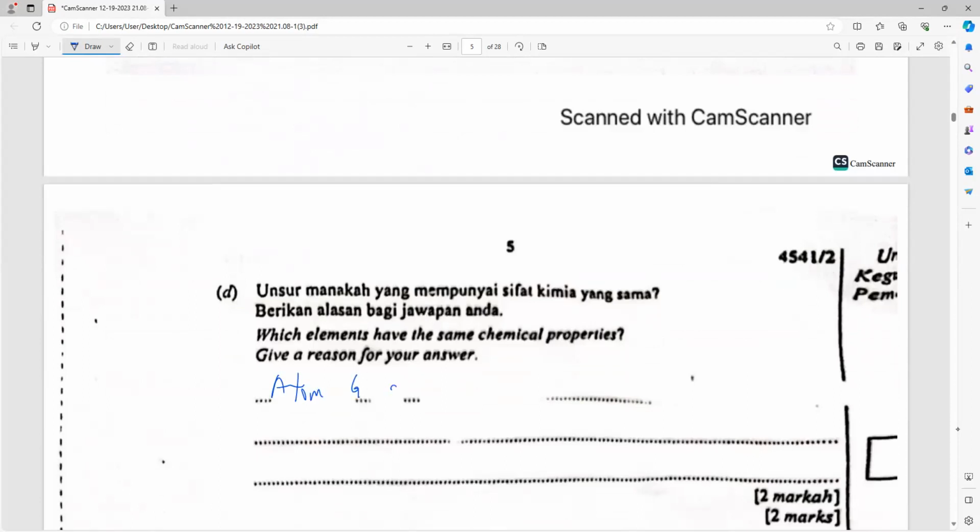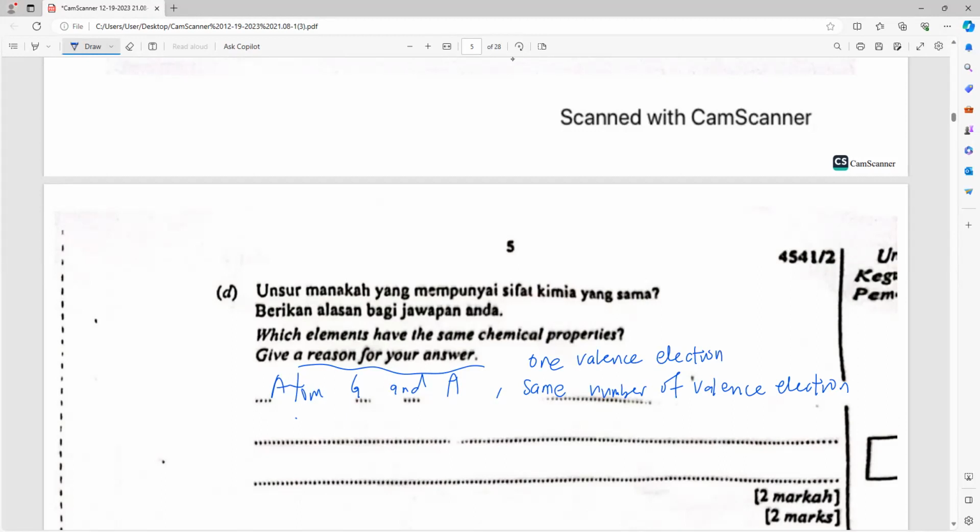But then you must give me a reason. Why do you say they have the same chemical properties? And here is where, correct, Avinisha, same valence electron is correct. So your answer should be: same number of valence electron.